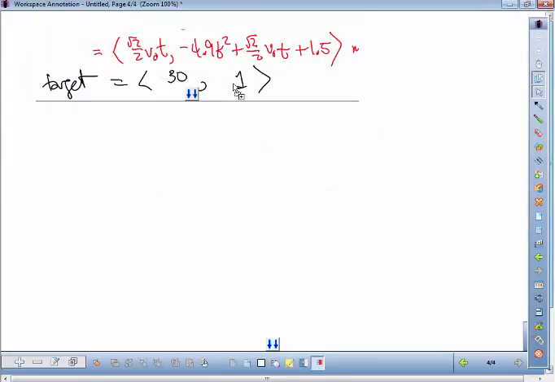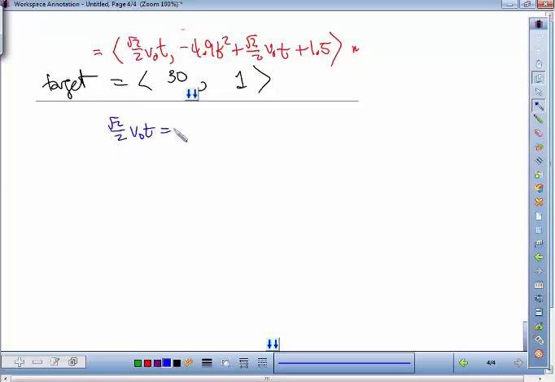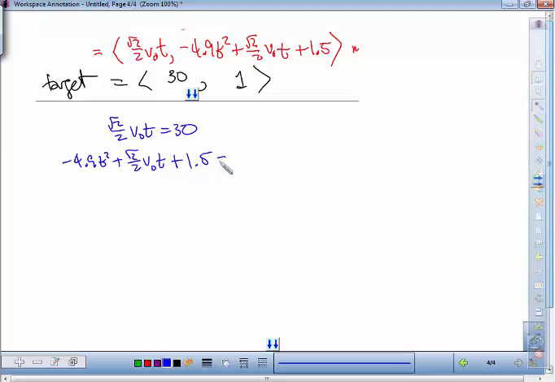And set them equal to each other. And I don't know what the best way to solve for this is, but we can decide. The nice thing is that the first equation looks like it's easy to solve for.